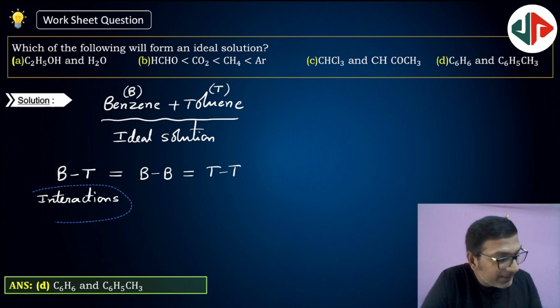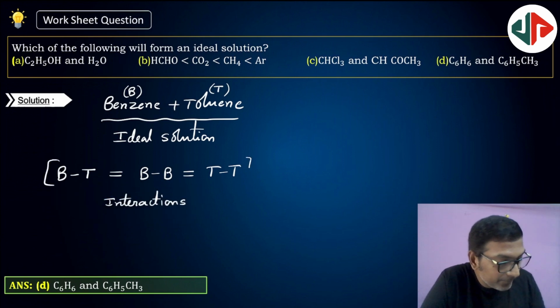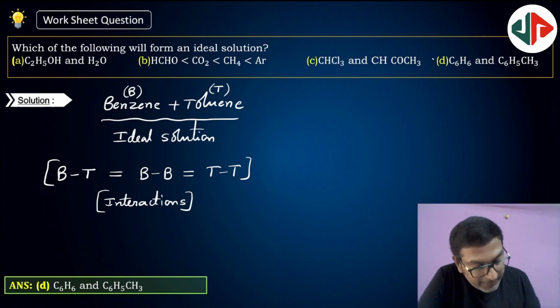All have almost identical interactions. Therefore they can form an ideal solution. Interaction between benzene and toluene will be equal to benzene and benzene, and also equal to toluene and toluene. Therefore, option D.